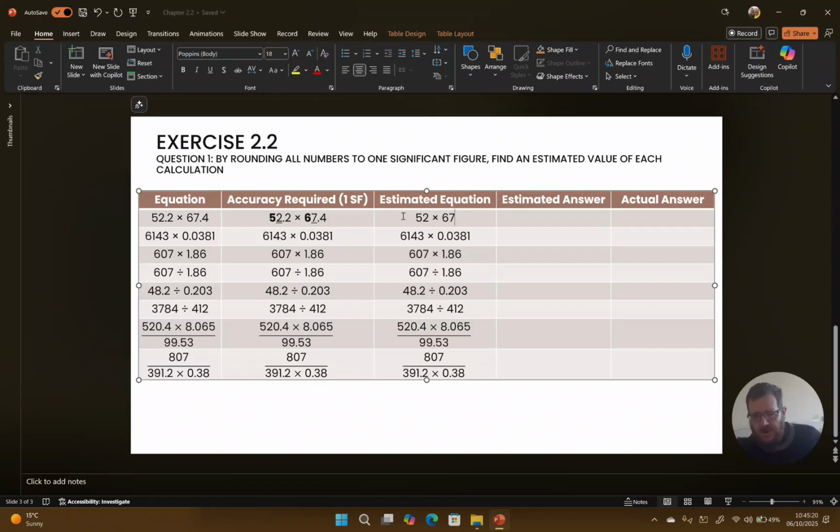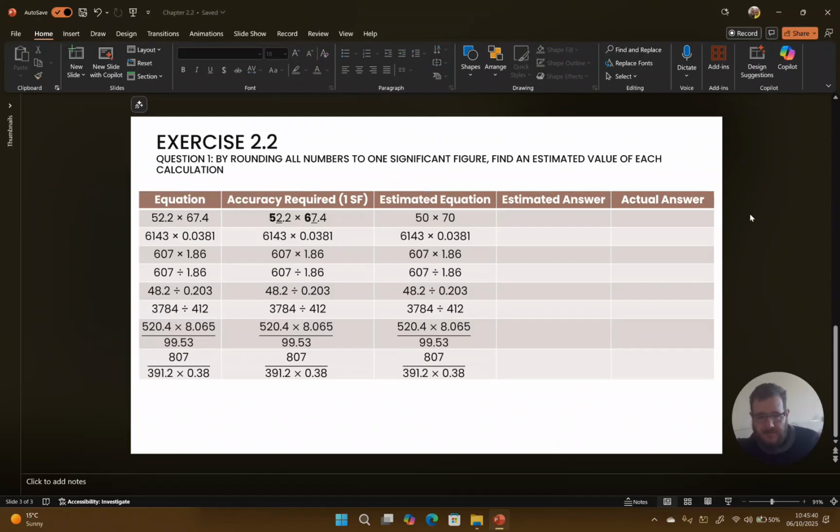Then we'll look at the numbers that I've underlined. 2 is less than 5, so that rounds down, and 7 is greater than 5, so that rounds up. And there's your estimated equation there.